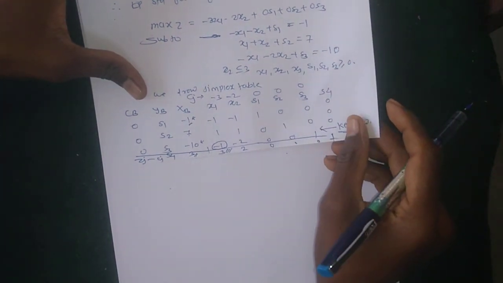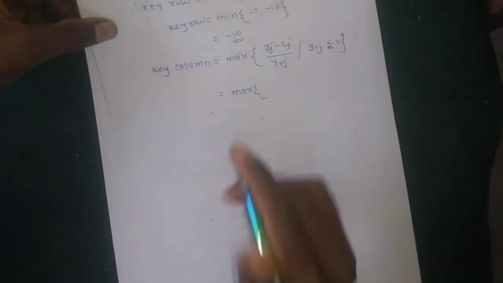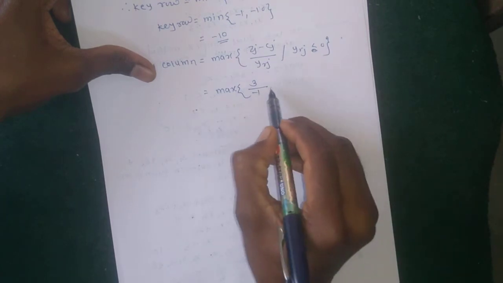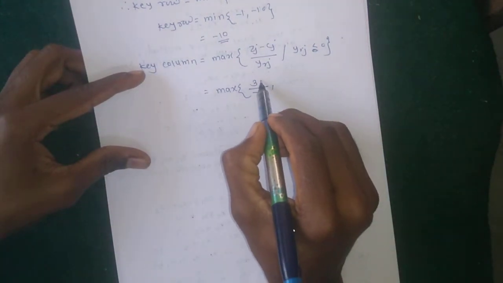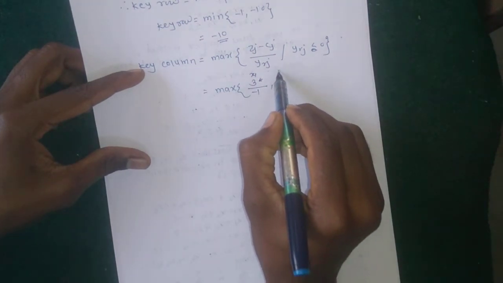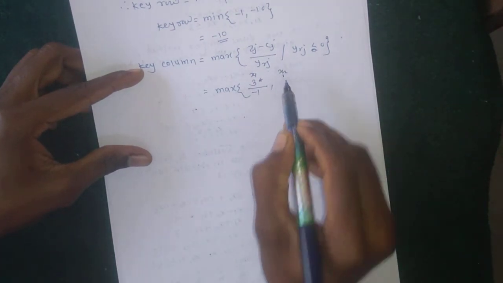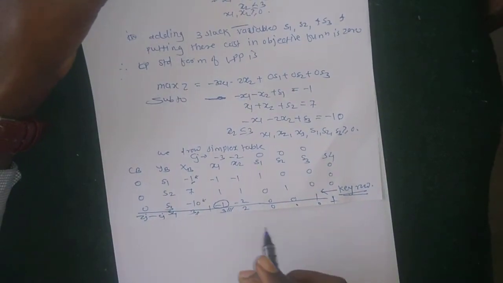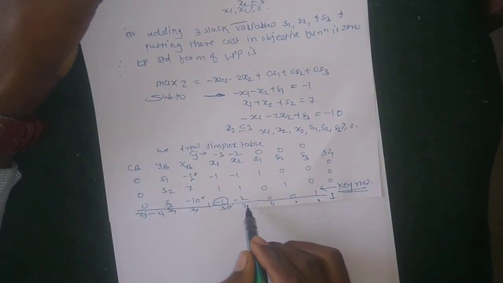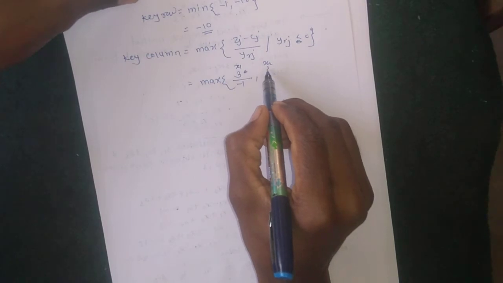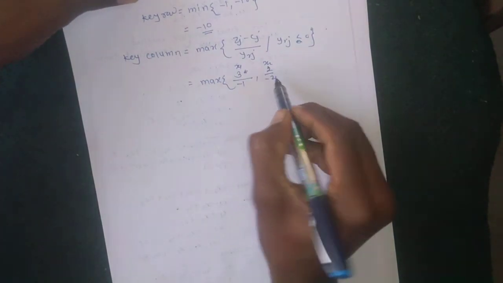In the third row, 3 divided by -1, where 3 is Zj minus Cj for the x1 column. For the x2 column, Zj minus Cj is 2 minus 2, divided by minus 2.